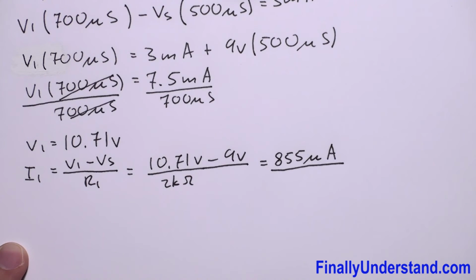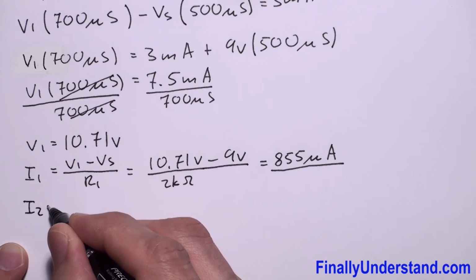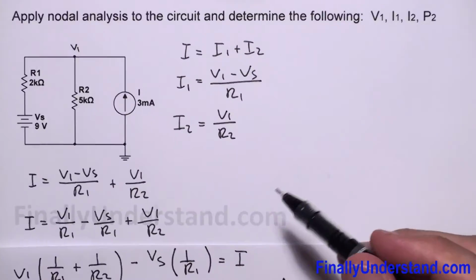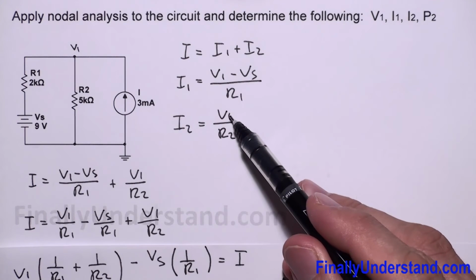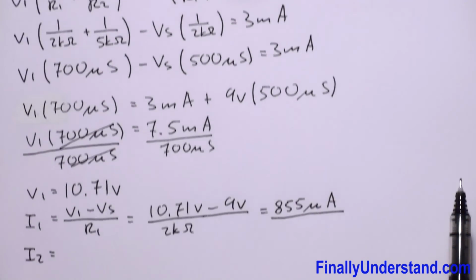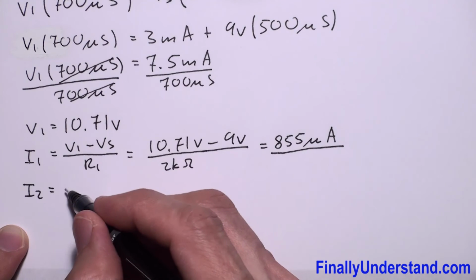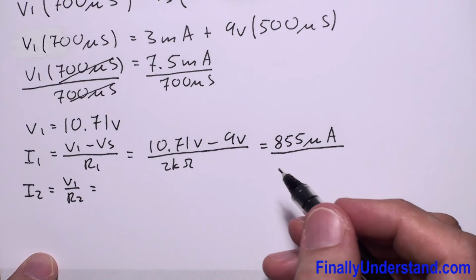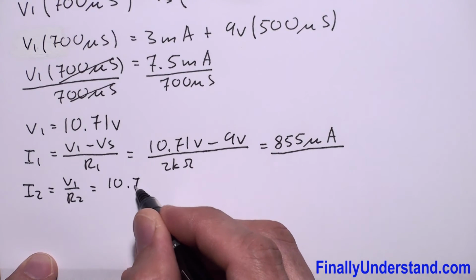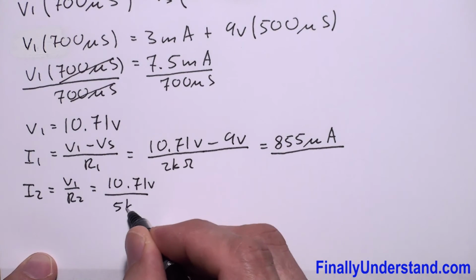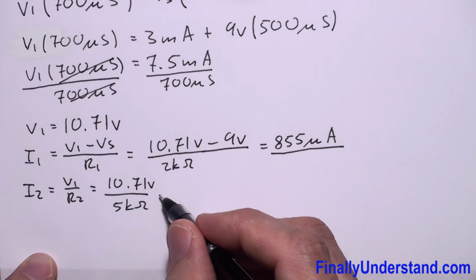Next, we're supposed to find the current I2. Again, I'm going to look at my formulas. The formula for I2 says I2 is equal to V1 over R2. So let's use it. So I have V1 over R2, where V1 is equal to 10.71 volts, over R2, which is equal to 5 kilo ohms.